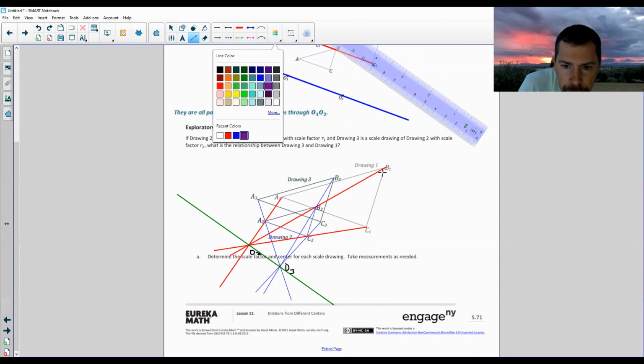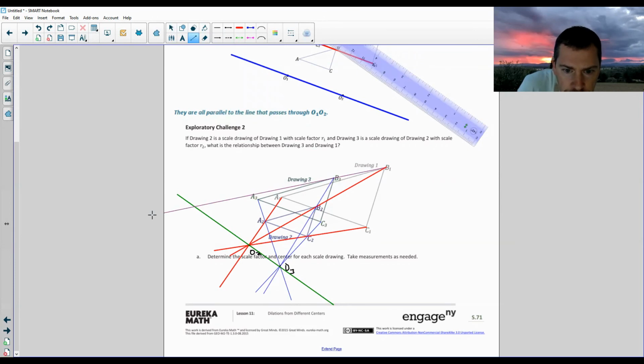Now it says to compare drawing 3 to 1, so if I go from B3 to B1, and draw a ray through those like so, and draw a ray through C1 through C3, like so, and then A1 through A3, then they all meet at a point, which is right here.